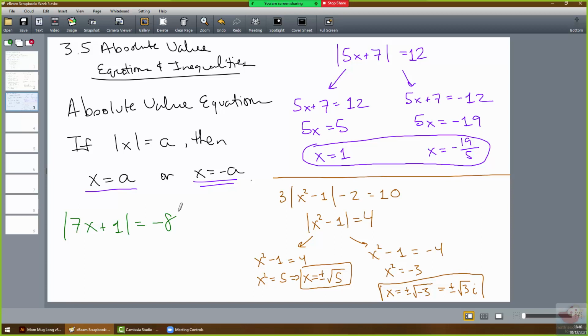by just looking at it. So don't even break it up. Just solve it just by looking at it. The absolute value of 7x plus 1 equals negative 8.